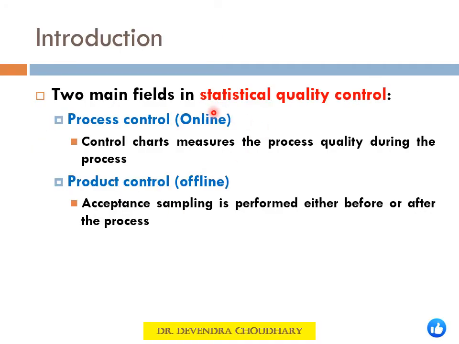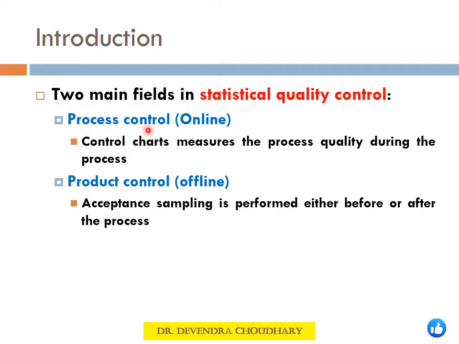Now, statistical quality control can be broadly categorized in two streams. One is process control and another one is product control.